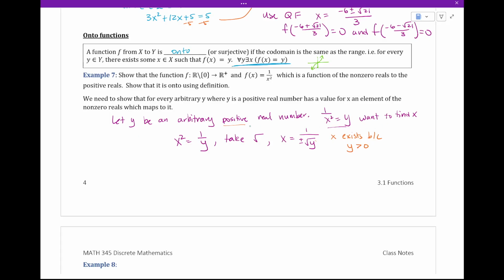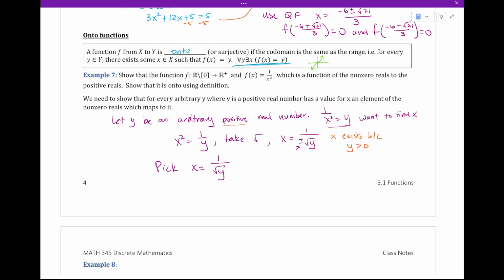So I've shown here, this is the for all y part. I've said y is an arbitrary number. So far I've done some algebra and I show that this is y. What I want to do is find an x that makes this true. And I can pick that value of x. I'm going to pick x to be 1 over the square root of y. I could also pick 1 over the negative square root of y, because that's the other option that I'm seeing here.